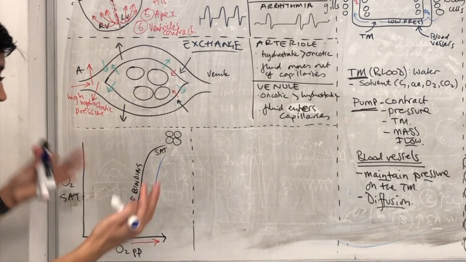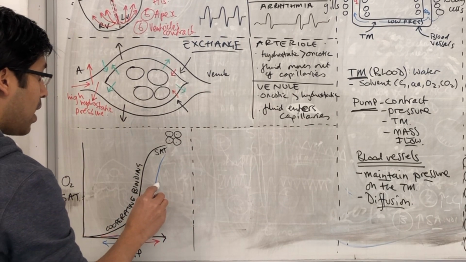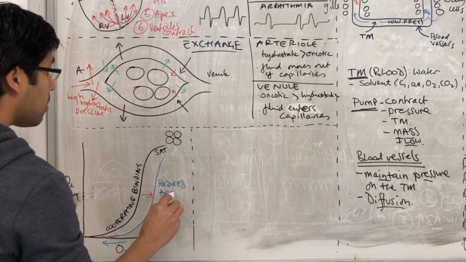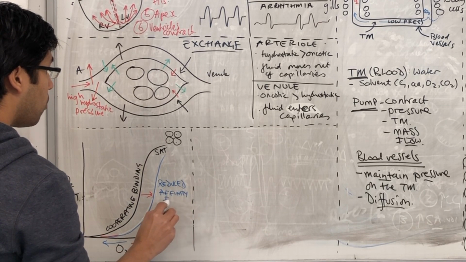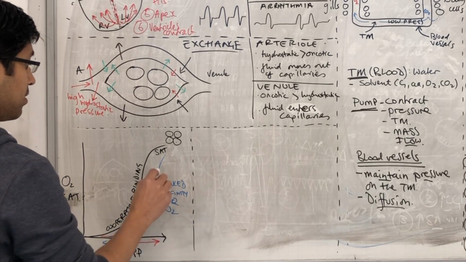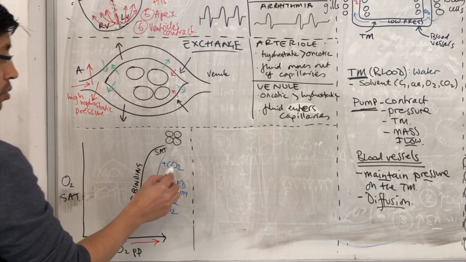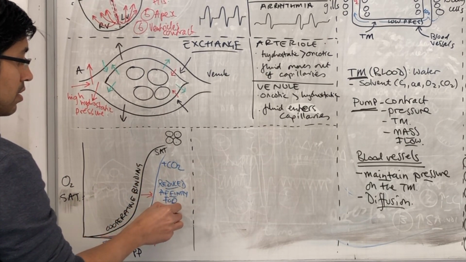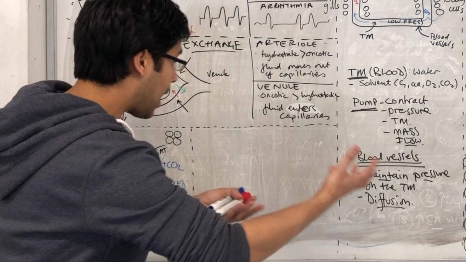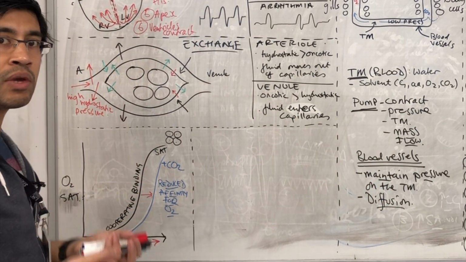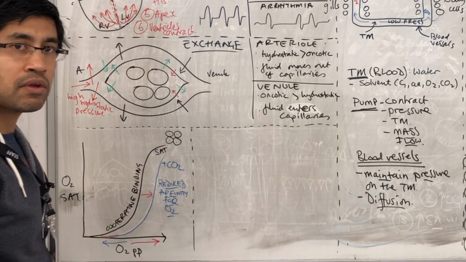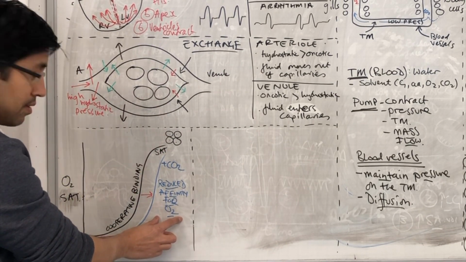Now, this means that we have reduced affinity for oxygen. So this curve is in the presence of CO2. So plus CO2, we reduce the affinity for oxygen, which means, again, when the blood enters a region of the body where there's a high CO2 concentration, it's got a greater tendency to give up that oxygen. And that makes sense. Okay?